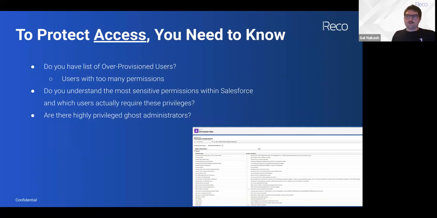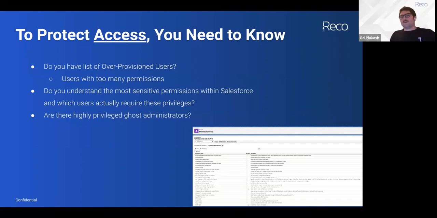But when the data model is too open or the rules are too vague, you run a much higher risk of a user accidentally corrupting or even deleting data. And for that, you need to have a list of over-provisioned users, users with too many permissions, which are not fit to the least privileged data access model.